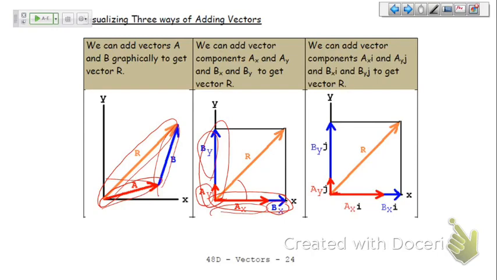That was great in 2 dimensions, but in 3 dimensions that would have got really messy. It would have been just awkward. So we said, let's do something which will help us in 3 dimensions, and we invented these things called unit vectors. I can break my 2 vectors up into an i component for the red and an i component for the blue, and the j component for the red and the j component for the blue, and add them together.